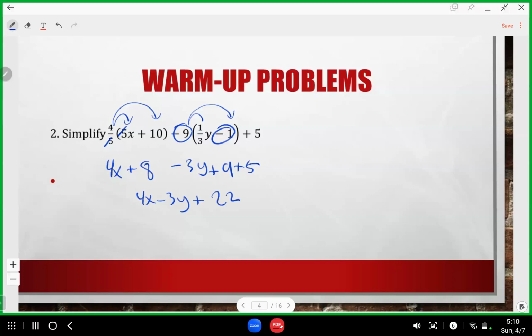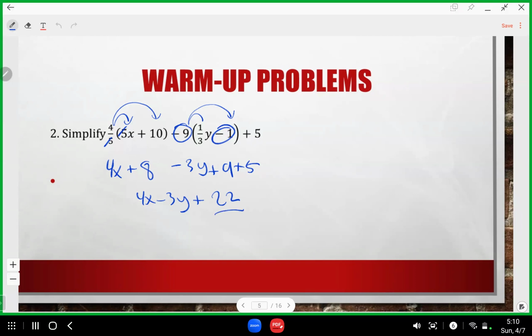So does anybody see any problems in my calculations here? I think when I did -9 times -1, I didn't make it positive or something. Yeah, I think on my end I made an addition mistake. Oh, okay. So I think the correct answer should be 22.